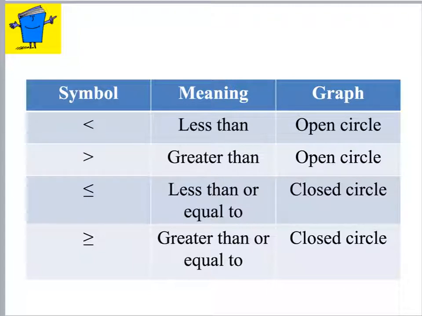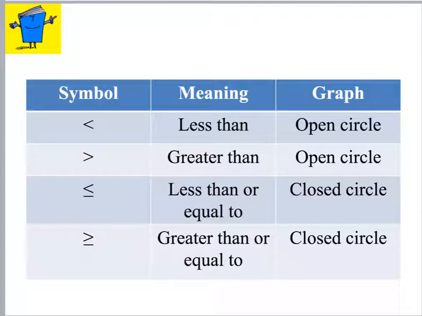When we do that, looking at the first one, if I'm reading left to right, the first part of the symbol I encounter is the small part. The small part means less than. If I'm reading from left to right and I encounter the large part first, that means greater than. So when we're dealing with inequalities, it's best to read from left to right to understand what the solution set is.